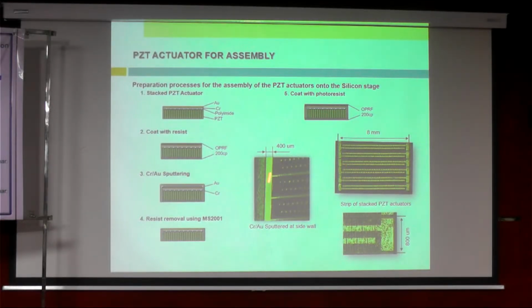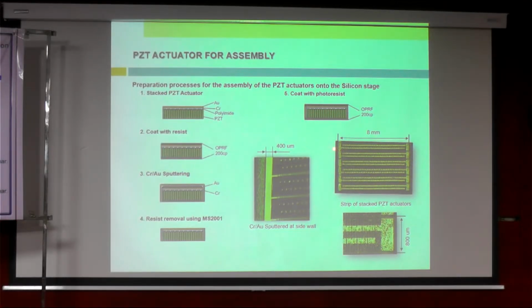This might be considered batch processing because this is one batch of process. You can have a lot more than this, but in this figure you can see six actuators before we cut into single actuators. So this is 5 in a strip.